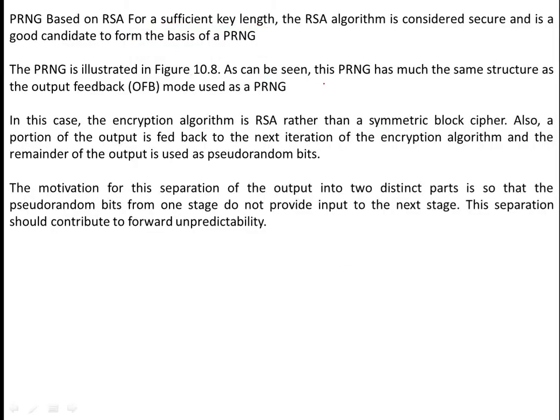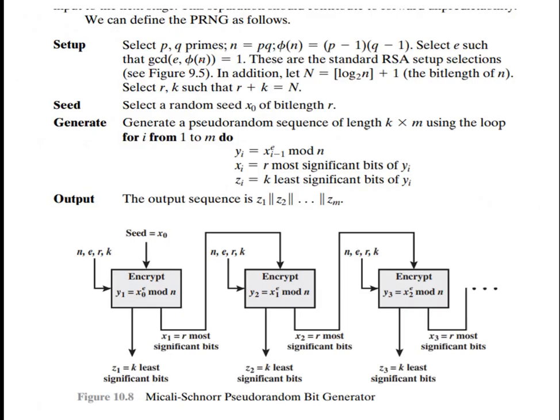As can be seen, this PRNG has much the same structure as the output feedback, that is OFB mode, used as a PRNG. What is OFB? OFB is nothing but this. You can see here the output of the first encryption box is given as the input to the second encryption box.